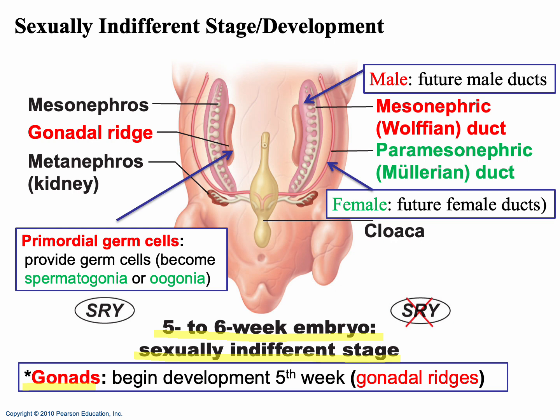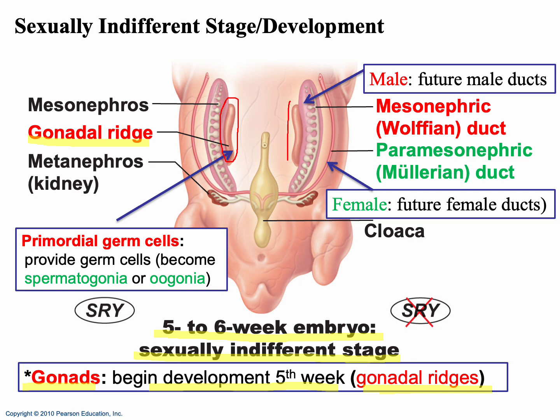What we have early on for the gonads, they start to develop during the 5th week of development. And what we have early on are what are known as gonadal ridges. So here's a gonadal ridge, and we can go ahead and trace that here for you.